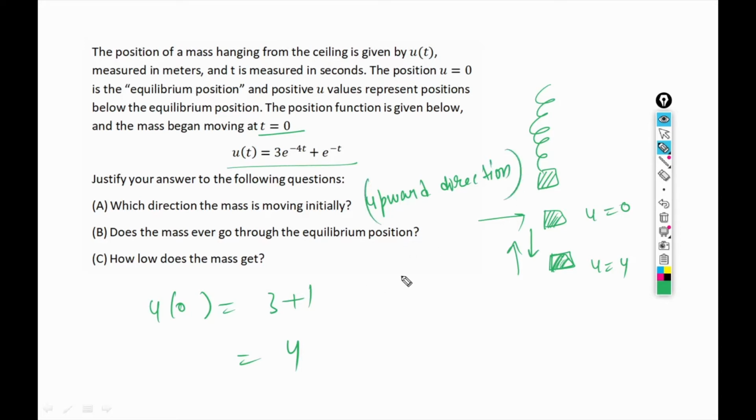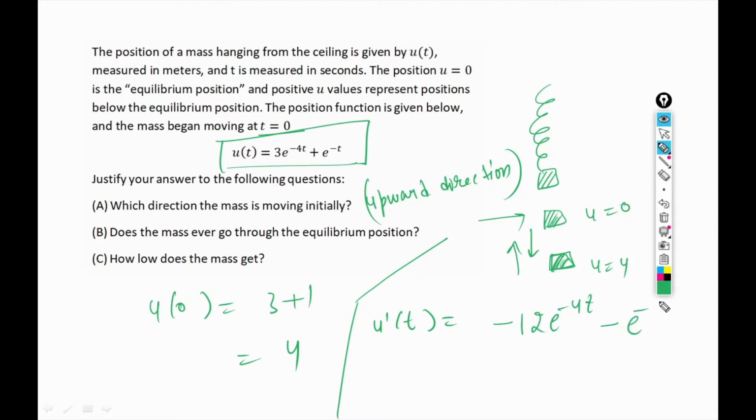And how can we verify that from the function? That was just by intuition, but how can we verify it mathematically? For that we have to take the derivative of this function, u dash t. It will be minus 12 e power minus 4t minus e power minus t.